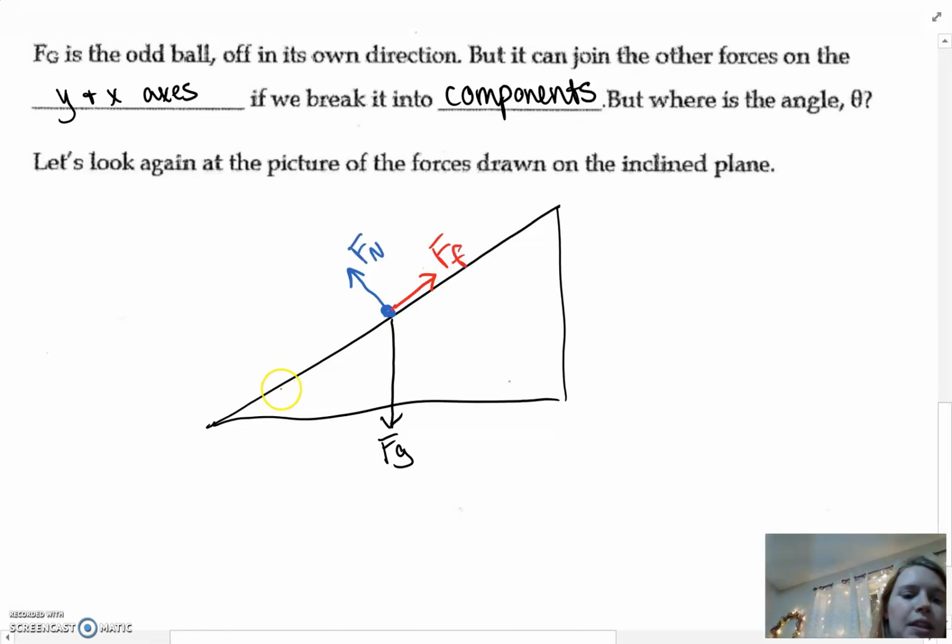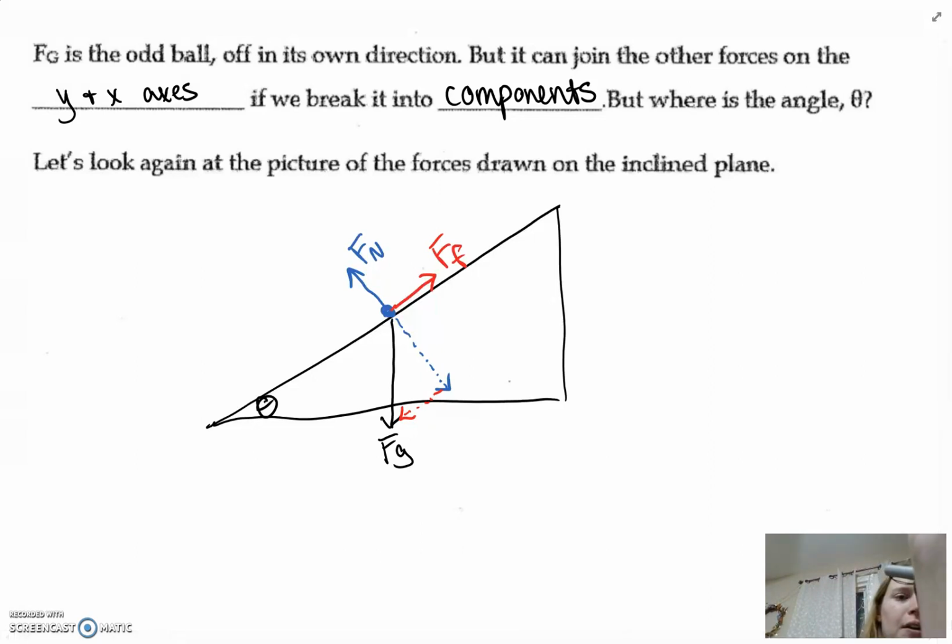And we know that this angle theta is the angle theta here. We're interested in Fg perpendicular, which is this component perpendicular to the surface, and Fg parallel, which is that component.